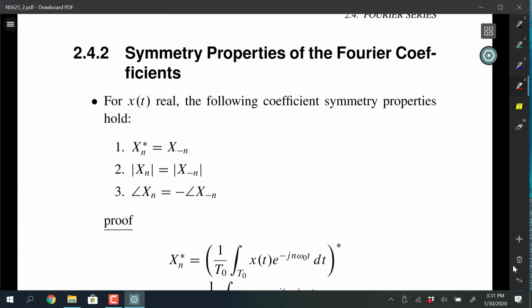Symmetry properties associated with Fourier coefficients would be that if x(t) is real, and that is most of the time in this class, but not always. And I think I've talked about that, but let me just say a couple things about that again. Time was, in the olden days, where everything was analog. We didn't do DSP, we didn't have A to D and D to A converters, and we didn't do software-defined radio.